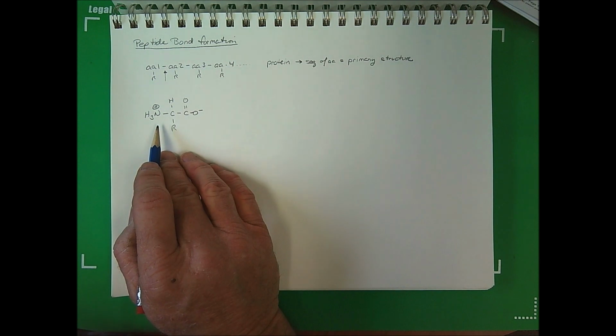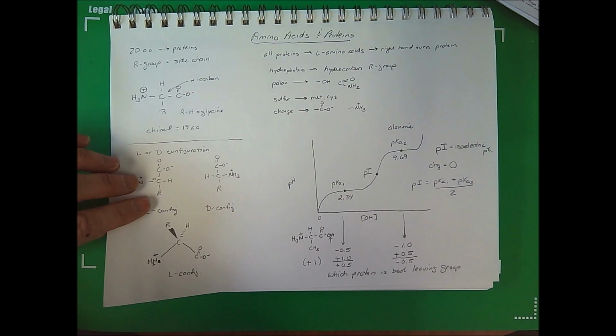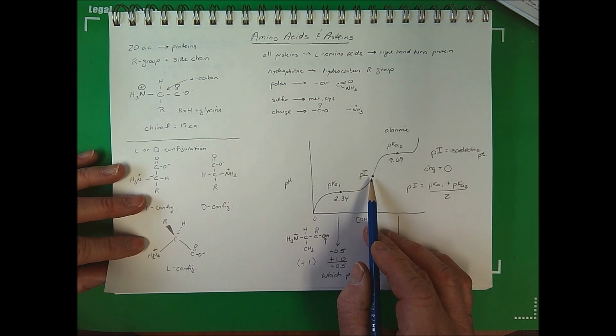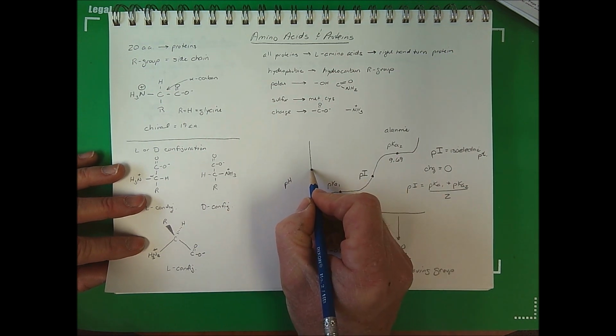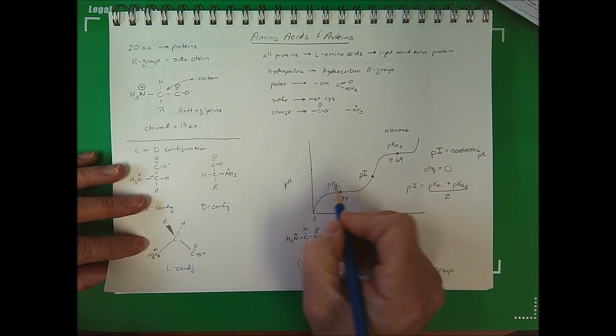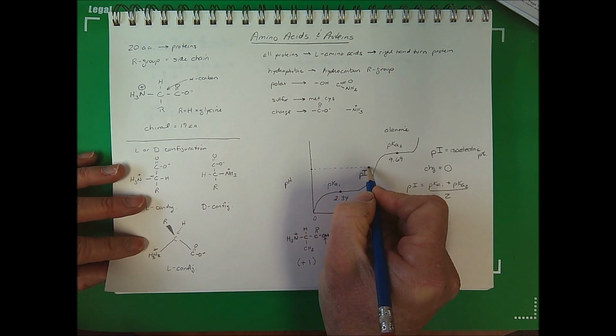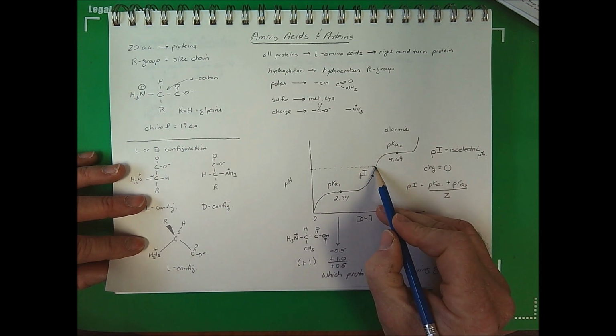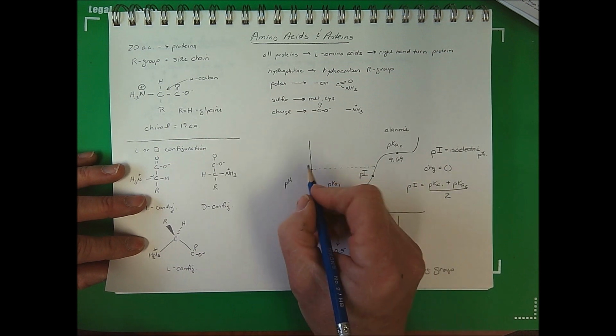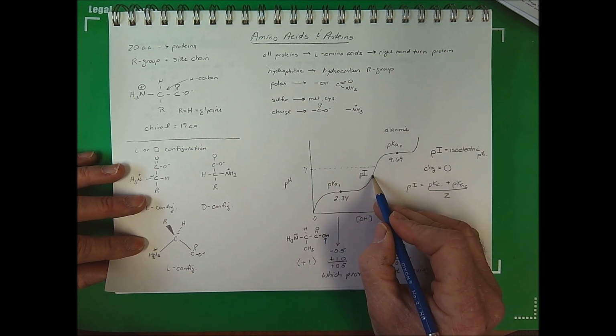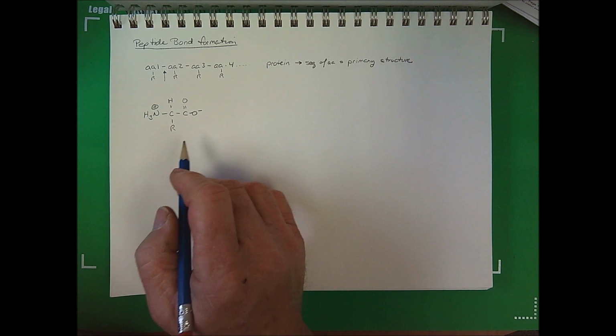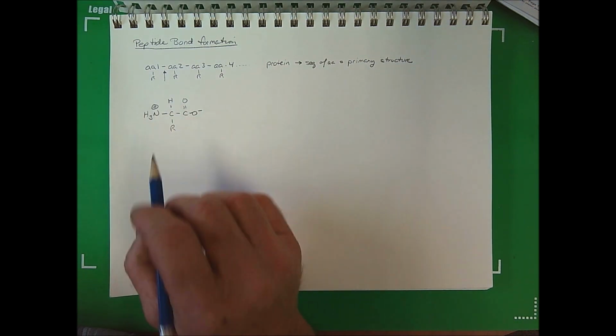So at pH 7, refer back to our titration curve, pH 7 is going to be approximately right here. So if we look at this ionic configuration of our amino acid alanine at pH 7, notice how close it is to the isoelectric point. This essentially means that the amino acid will have a 0 charge because these 2 ionized groups will balance each other out.